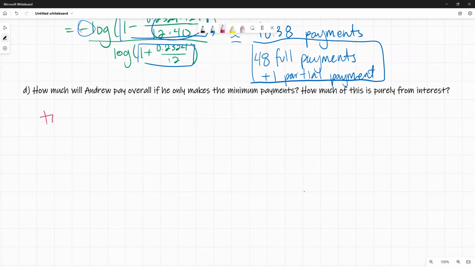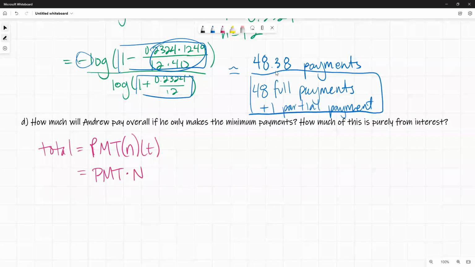So our total, remember that's PMT times N times T. Or another way to calculate the total is taking PMT and multiplying that by capital N, since N times T is capital N. And we have a nice number for N. We have 48.38. This will take into account that we're making more than just the 48 whole number payments. We're making 48 and a little bit more.